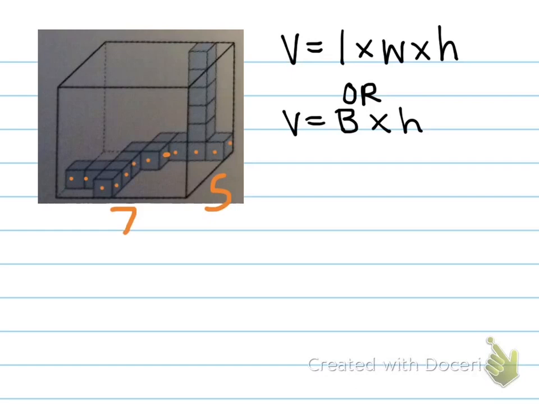And the height is 1, 2, 3, 4, 5, 6. 6 layers of cubes high. Now that we have enough information to solve this problem, which formula do you think I should use? If you said the first one, I totally agree.